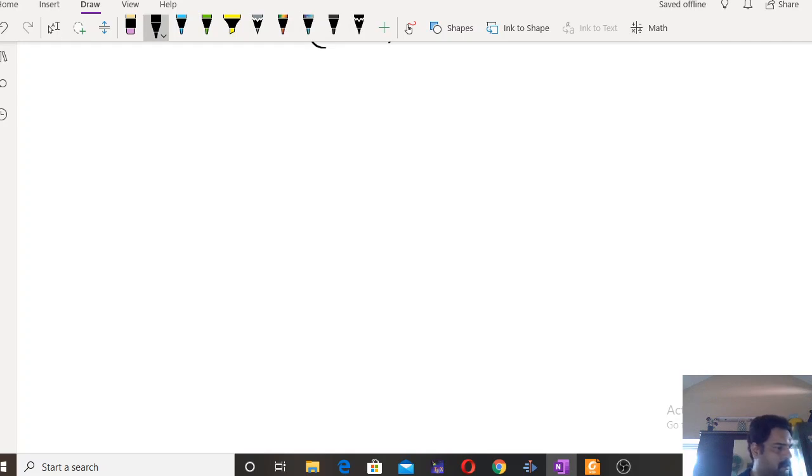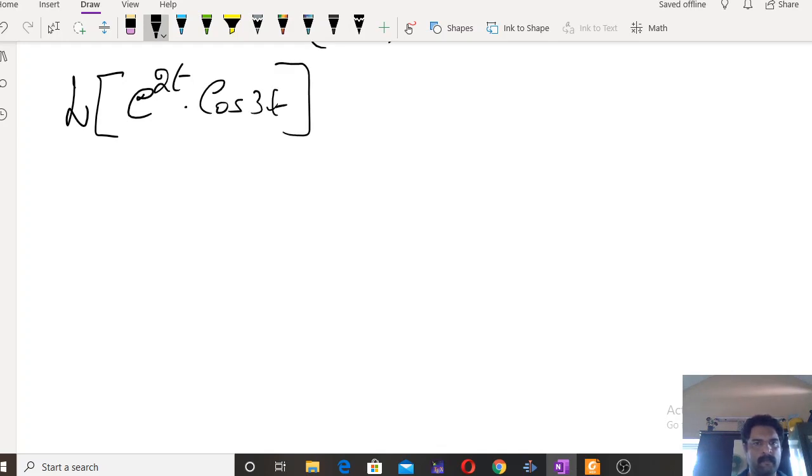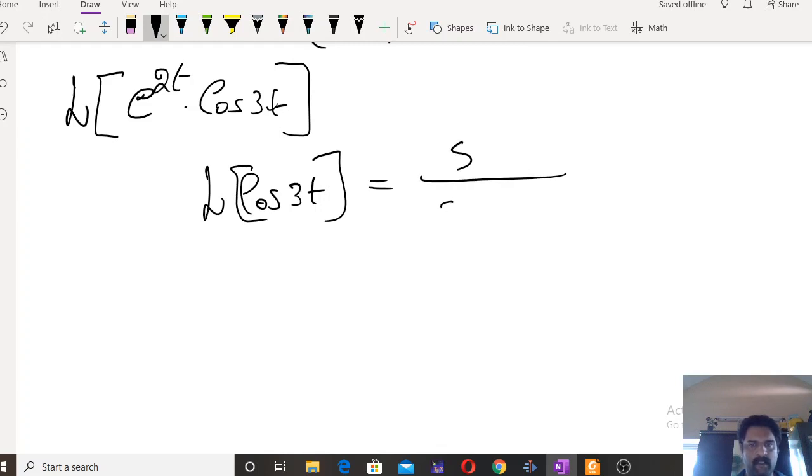Let's consider the Laplace transform of e raised to 2t into cos 3t. So here again f of t is cos 3t. We start with finding the Laplace transform of f of t, that is cos 3t, which is s by s square plus 3 square, that is 9.